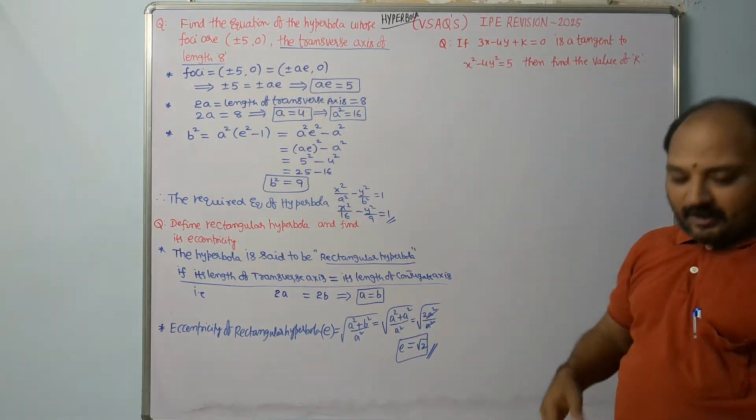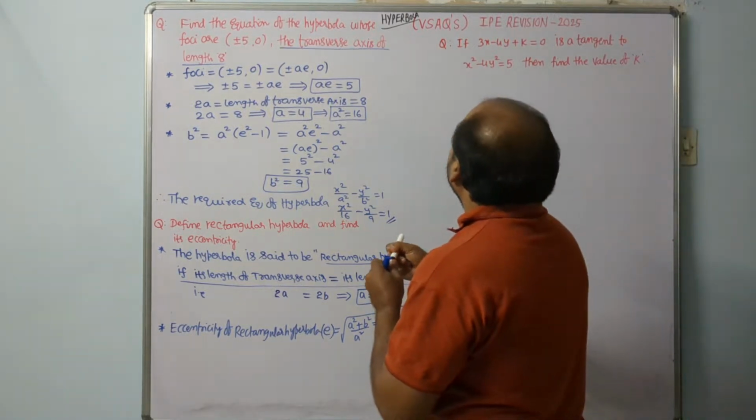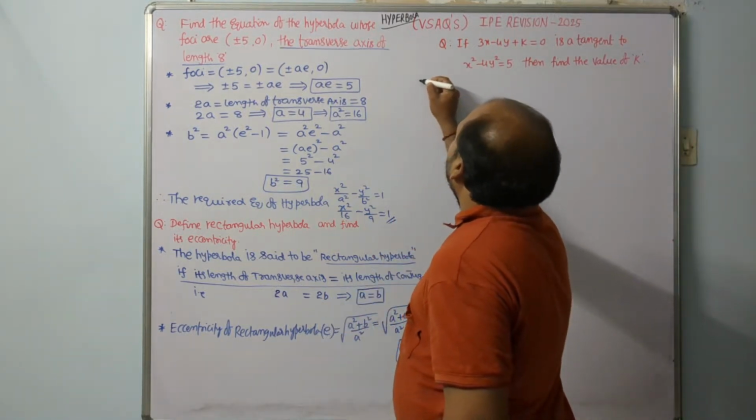If 3x minus 4y plus k equal to 0 is a tangent to the hyperbola, then find the value of k. Here, one important formula we need to write.